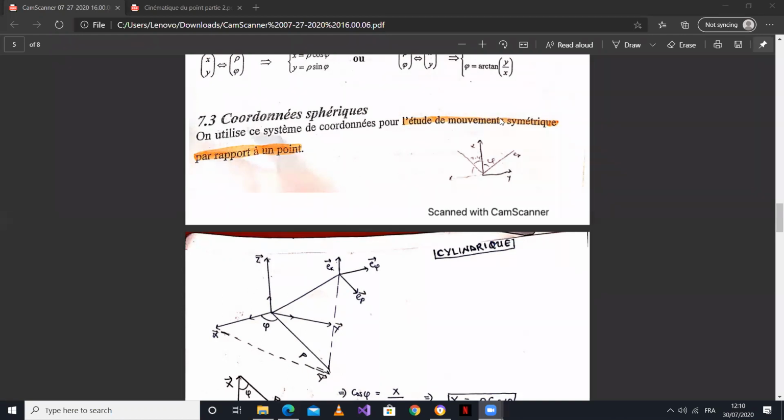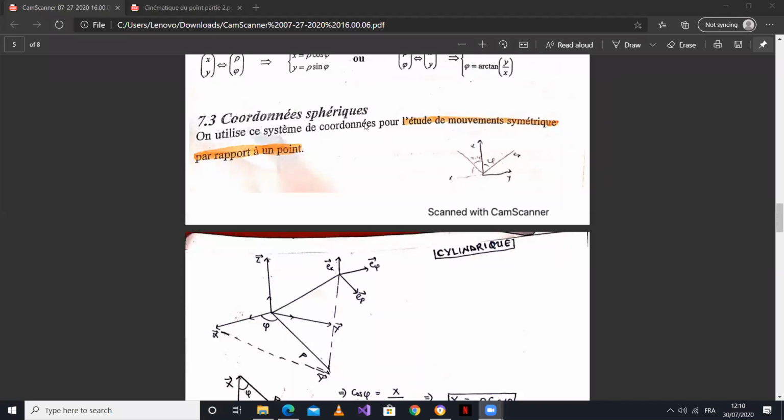After we define the last coordinate system, the spherical coordinates, we are going to calculate the velocity vector and acceleration vector for all the coordinate systems we have defined so far. So we'll get right into the spherical coordinates.